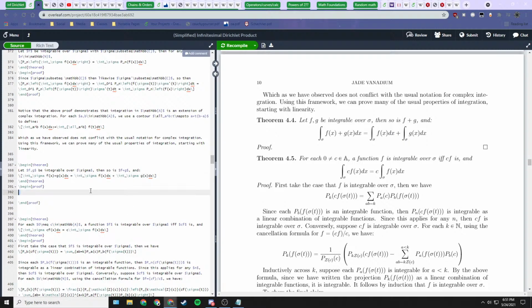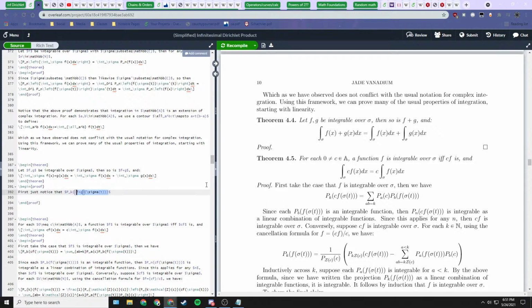To prove that, first just notice that we can say f plus g.